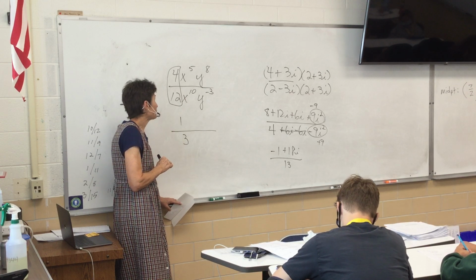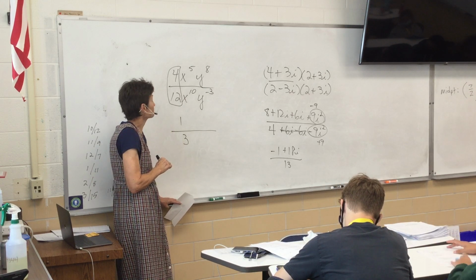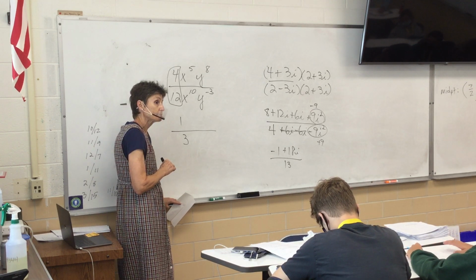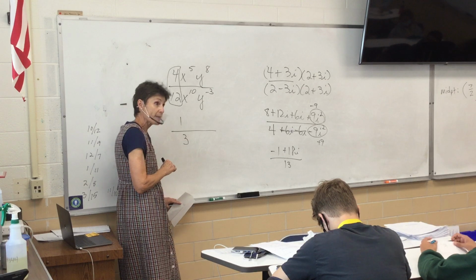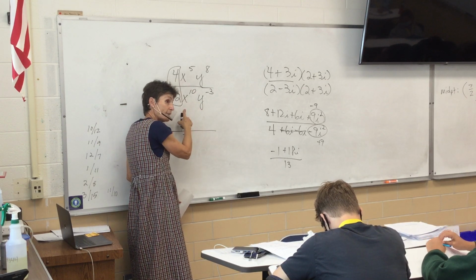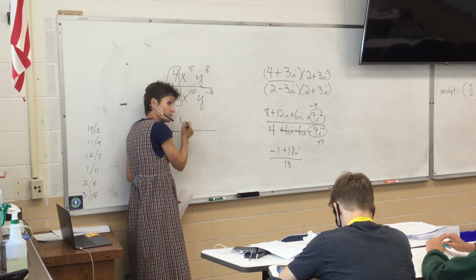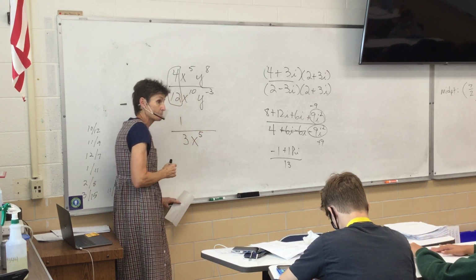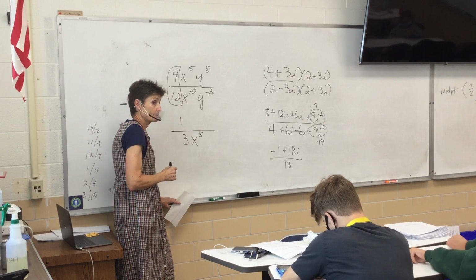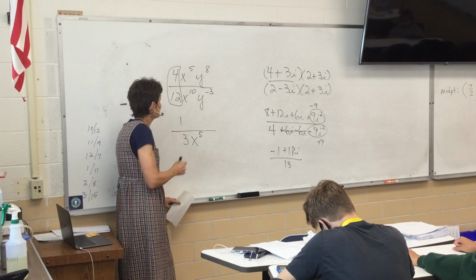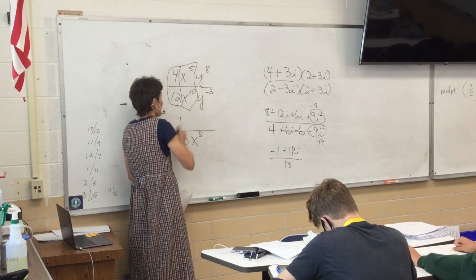All right, Avery, what would you like to do next? Cancel out the X's. You can, because you've got 5 of them on top of 10 of them, which would leave you with 5 of them in the bottom. 10 is bigger than 5. So now those are done, we took care of that.